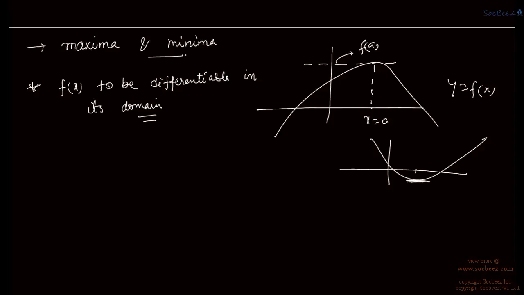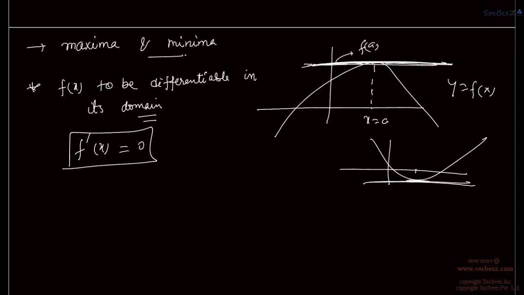So at a point of maximum or at a point of minimum, the slope of the tangent is 0 at that point because this is parallel to the x-axis, isn't it? So we have f'(x) is equal to 0. So first we solve this equation f'(x) is equal to 0.